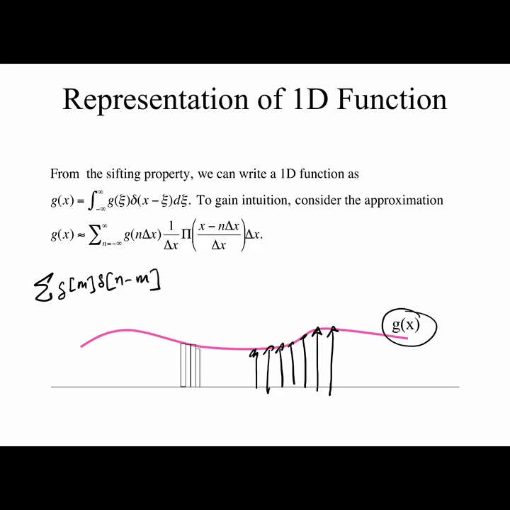Now we have an integral because we're in continuous time, but the form is the same. Where we had g of m, now we have g of xi. Where we had delta n minus m, now we have delta x minus xi. And then we have this additional integration. The idea is the same: we're representing every function as a sum of weighted delta functions. In general, we'll use discrete time to motivate things, and you just assume the math works for continuous time, but we're not going to show it in this class.